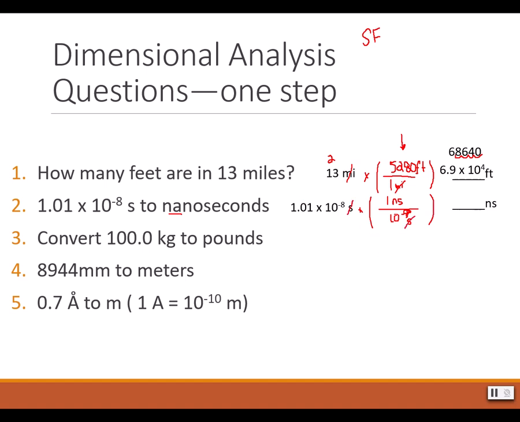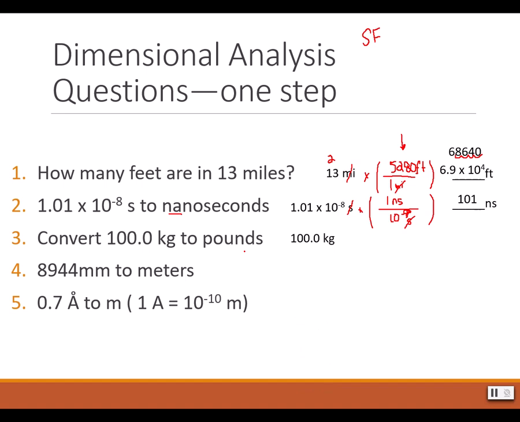And so when doing that division, you'll do 1.01 times 10 to the negative 8. If you want to multiply it by 1, you'll still just get the 1.01 times 10 to the negative 8. Then you need to divide by 10 to the negative 9. This has 3 significant figures. Conversion factors have infinite, so my final answer is 101 nanoseconds.